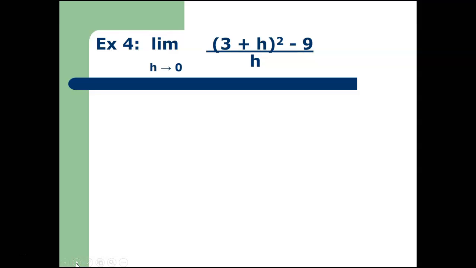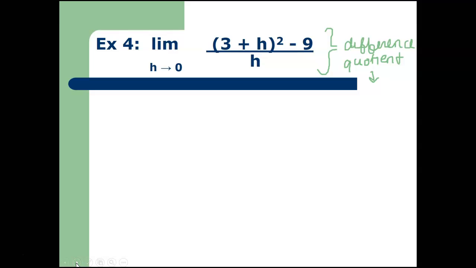Example 4. This is actually a preview of what we're going to look at in the next unit in chapter 2. This is called the difference quotient. The limit as h approaches 0 of a function minus another function all over h.